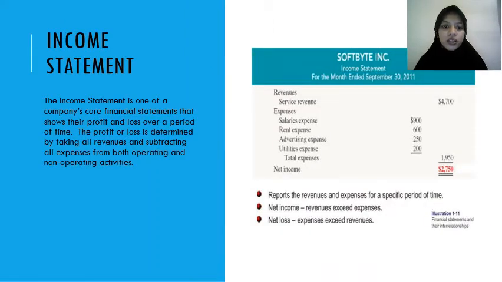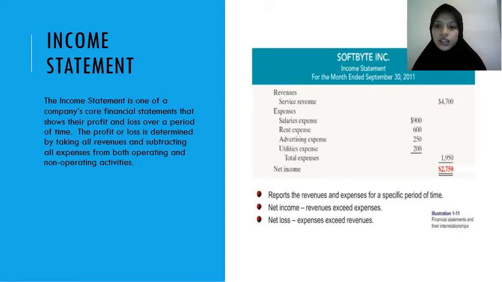The first, income statement. The income statement is one of a company's core financial statements that shows the profit and loss over a period of time. The profit or loss is determined by taking all revenues and subtracting all expenses from both operating and non-operating activities.